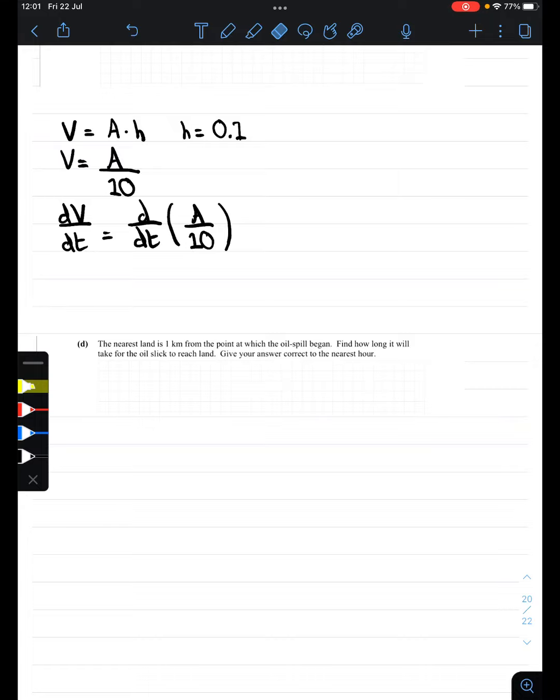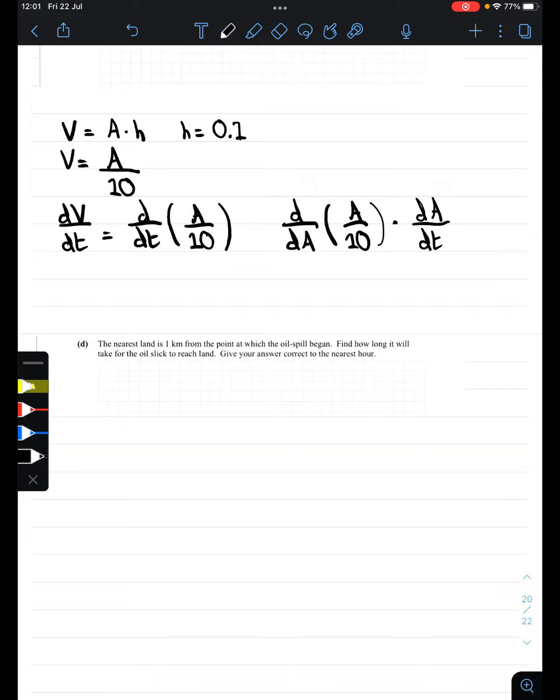So again, we're trying to take the derivative with respect to t of an expression that doesn't have t. So again, we're just going to use the chain rule. We differentiate with respect to the variable that we have. So d/dA of A over 10, and then multiply that by dA/dt.